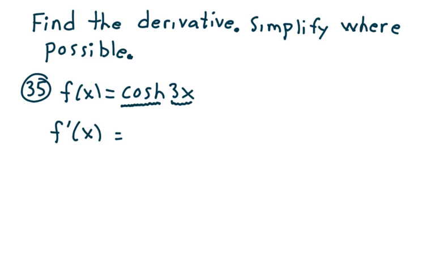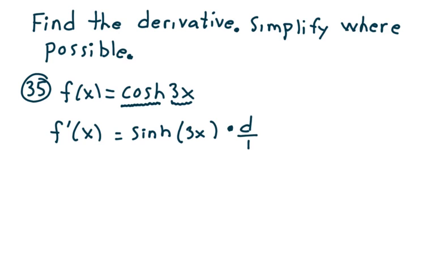So, and we have to evaluate at the inside function, that 3x. So in other words, we're going to get sinh of 3x. But remember, we have to multiply by the derivative of the inside function. So that's the peeling the onion part.